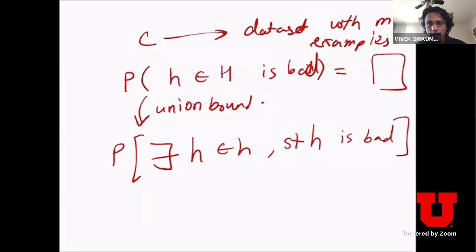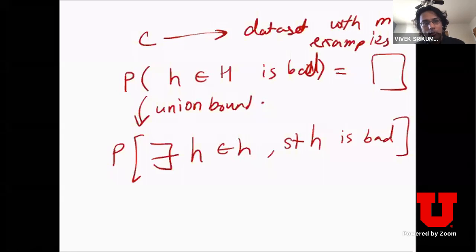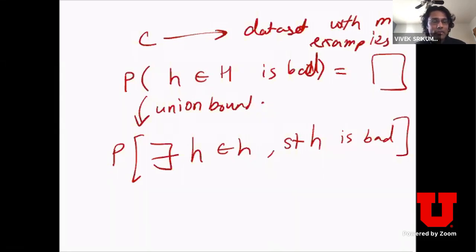So, to follow up with your clarification, the algorithm does not have to produce something that's consistent with the training data. For the PAC bounds to show up, the algorithm might produce any classifier, one that has some error.